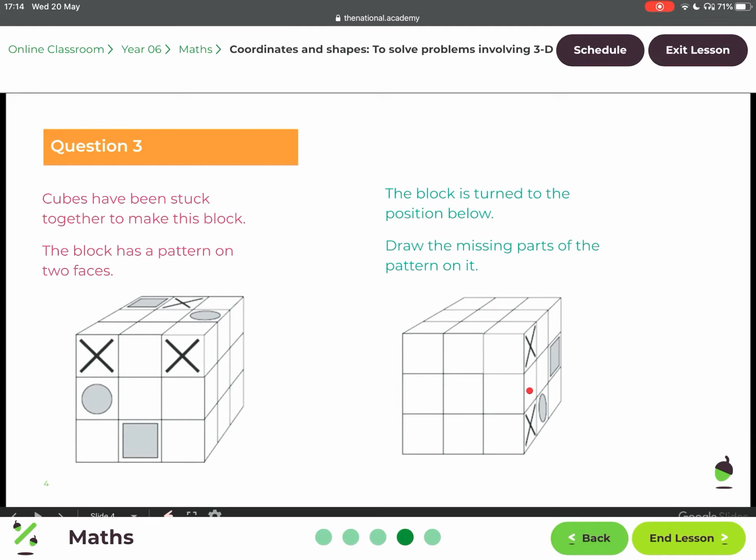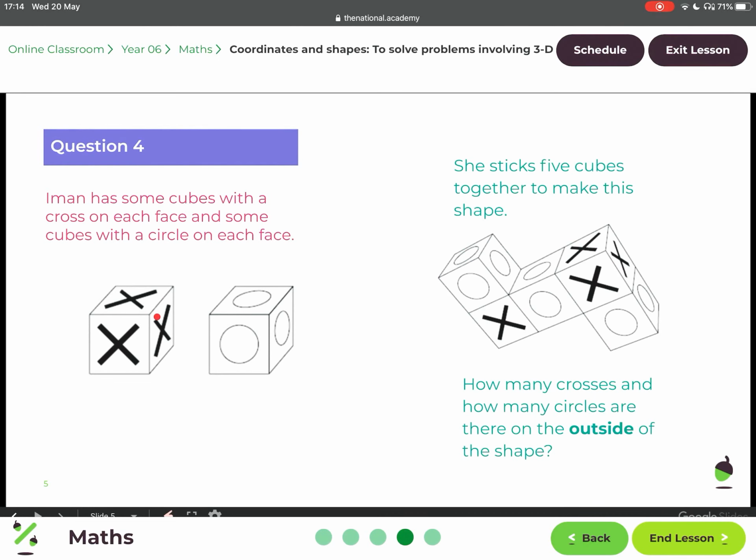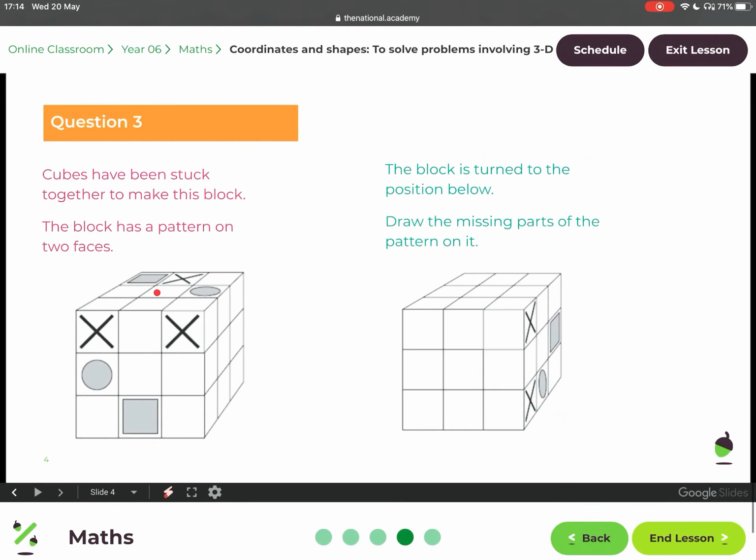Oh no, sorry, it wouldn't be there. It would be here. Sorry, here. It would be there. Then this X here will be right here, and this square will be here.